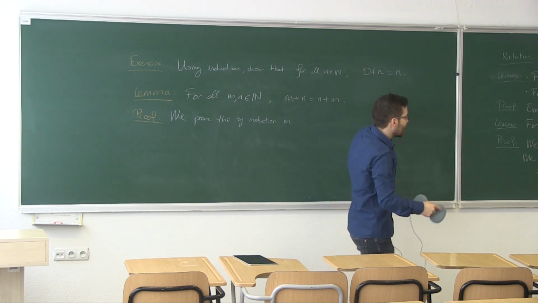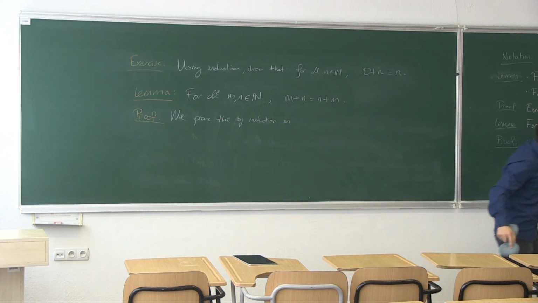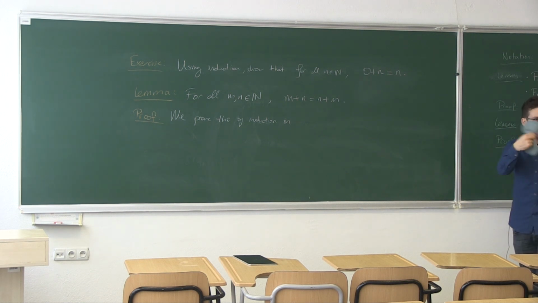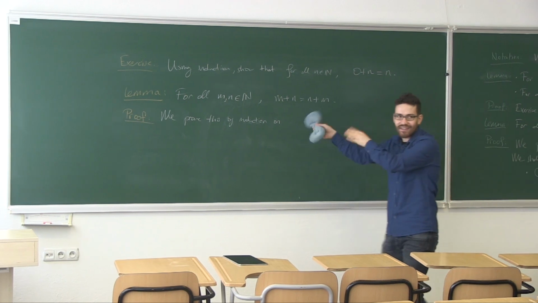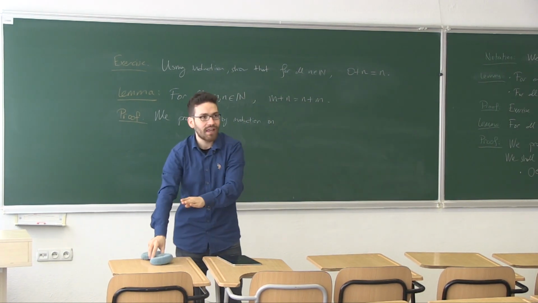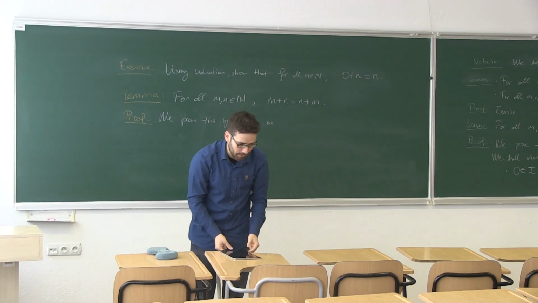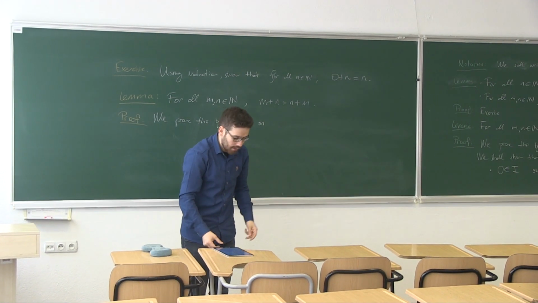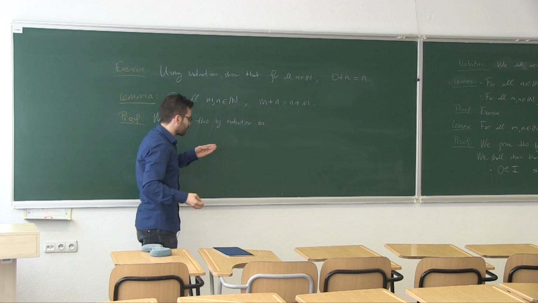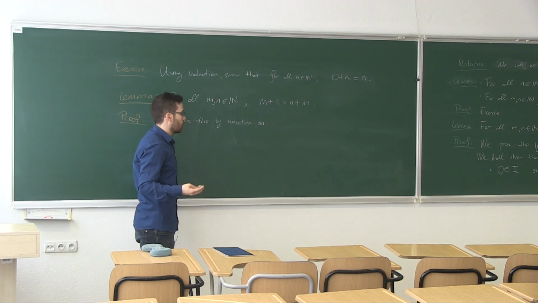For these claims everything is symmetrical: if you interchange the places of M and N, the claim is still the same, so it's not going to matter. But for some other claims, it can actually matter which variable you choose to do induction with.